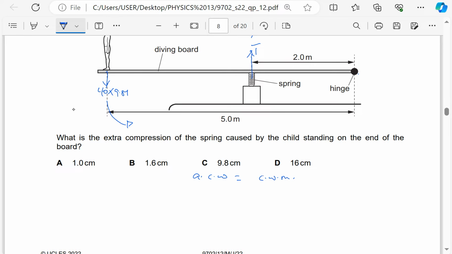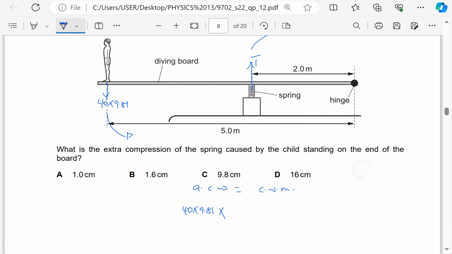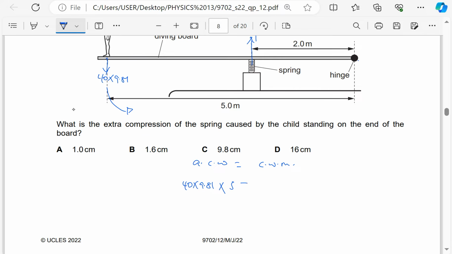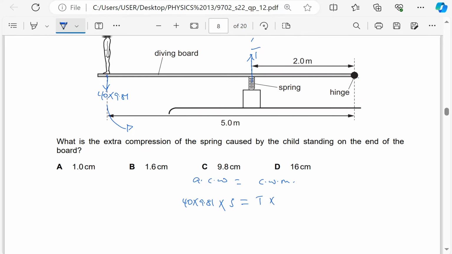So anticlockwise moments, we have 40 times 9.81 times the perpendicular distance, which is 5, should be equal to the clockwise moments, which should be T times the perpendicular distance, which is 2.